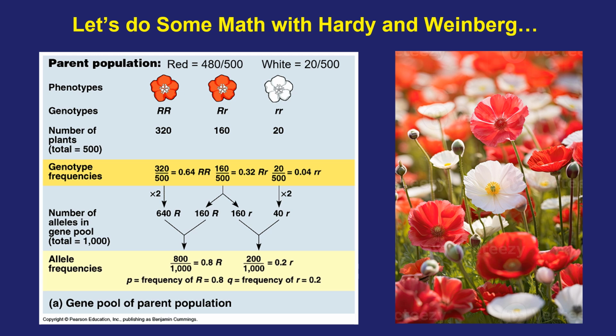And then once again, we have our heterozygous individuals. There's 160 of them. They each have 1 recessive allele, we add the 160 with the 40, we get 200 out of 1,000, and yep, 0.8 plus 0.2, that adds up to 1.